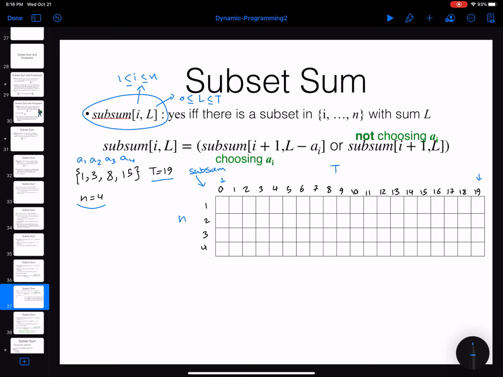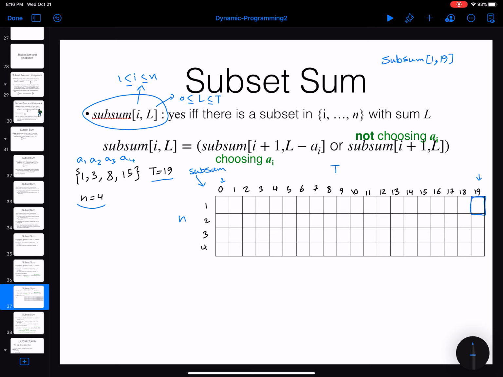So the final answer that we are looking for, the original problem that we had, was subsum from 1 to n with the target value equal to 19, right? So in this table, what I'm looking for is this cell.